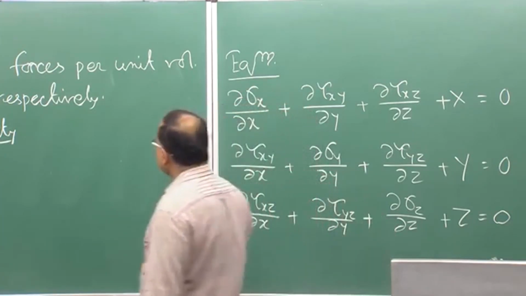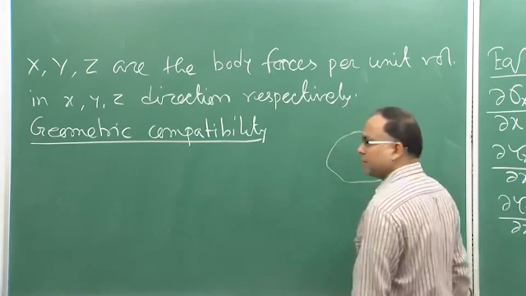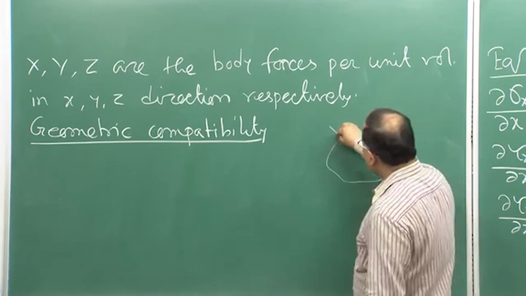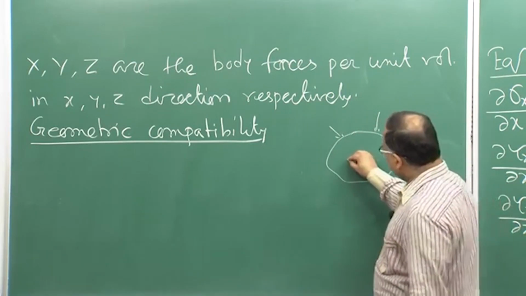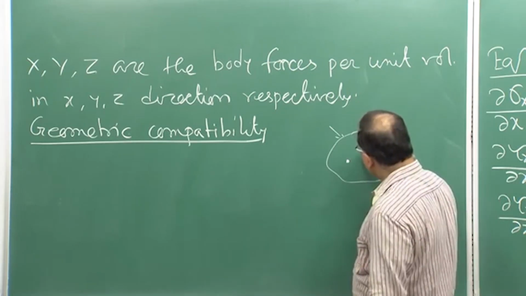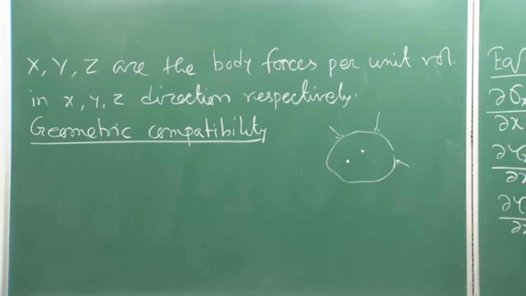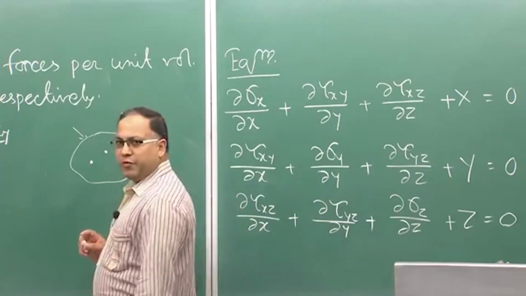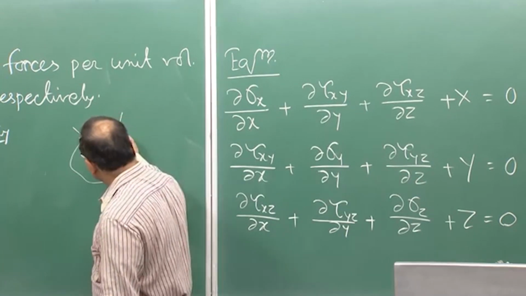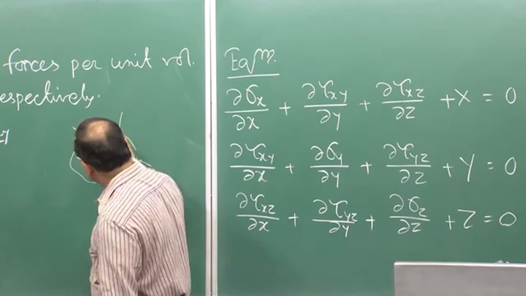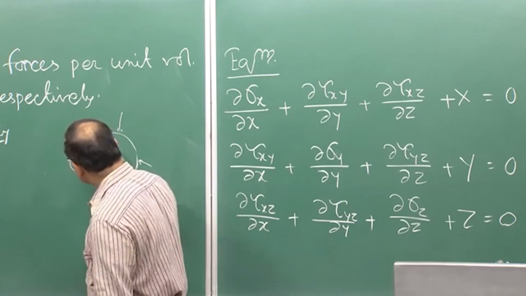That means, if I consider a kind of body, and I am applying externally applied forces all round. Now, if I consider 2 points here, after deformation, this point may move a little bit, say it is coming here, and this point may move a little bit and it is coming here, say.